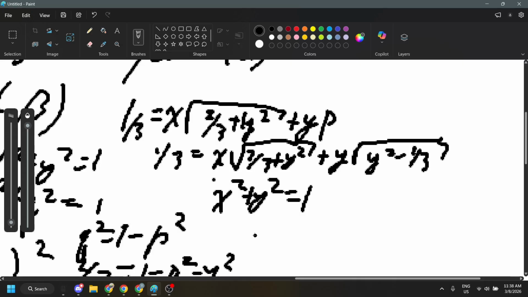But how do we solve? We say y squared is equal to 1 minus x squared.